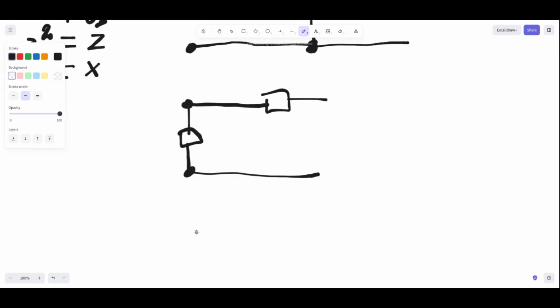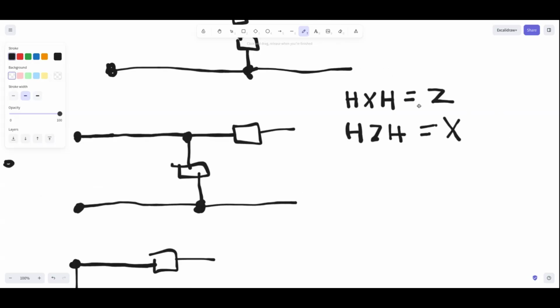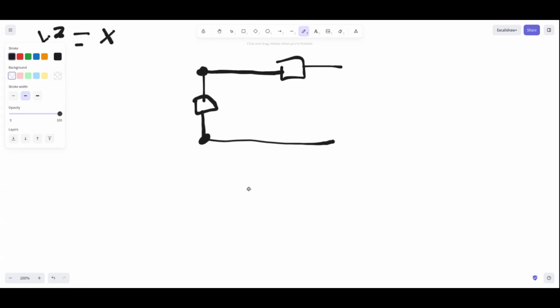So here you arrive, you apply the color swap like this one. HXH is Z, so HXH is Z, so it becomes a white gate. And yes, arrive to this.